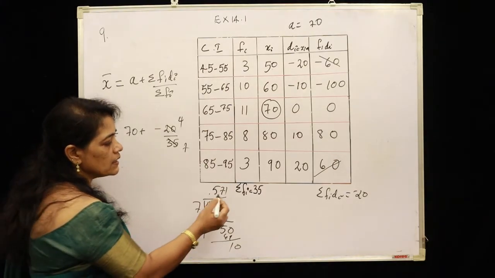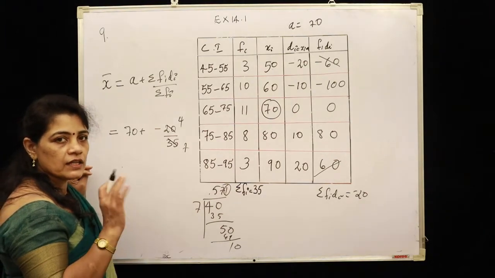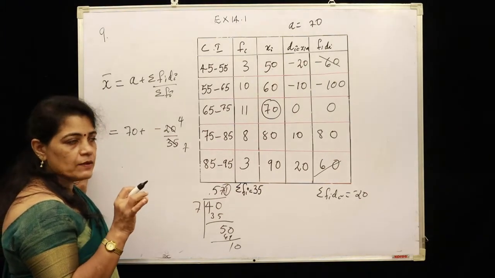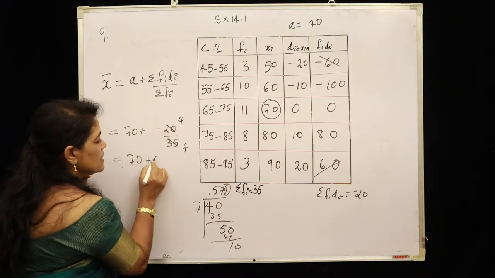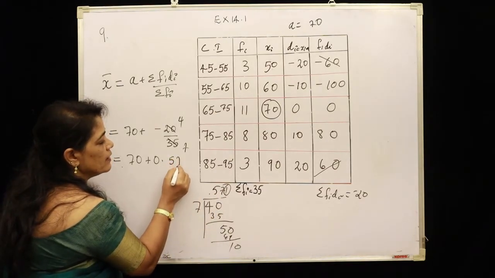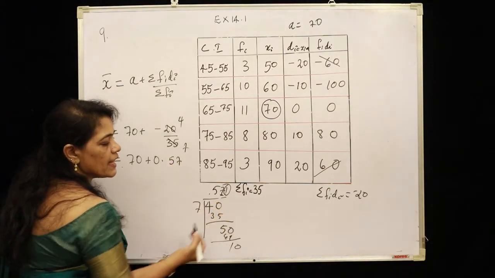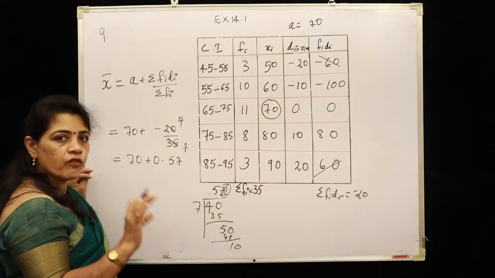So, the third decimal value is less than 5. There is no change for the second decimal place. That means this is equal to 70 minus 0.57. There is no change for this second decimal place since the third decimal place is less than 5.